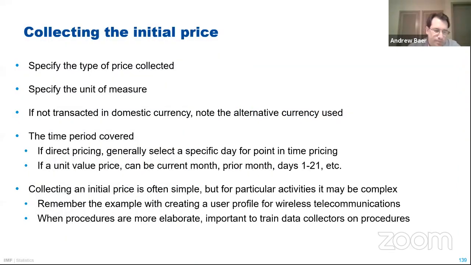Even in the example I gave earlier about a real estate agent, we need to train the data collectors to tell the business that they have to collect a recent home sale, and that we understand in subsequent periods they're not going to sell that same home, but we still want them to estimate the commission they would charge. The data collector has to do a lot of that work. So there's a lot that needs to get done in that initiation visit.